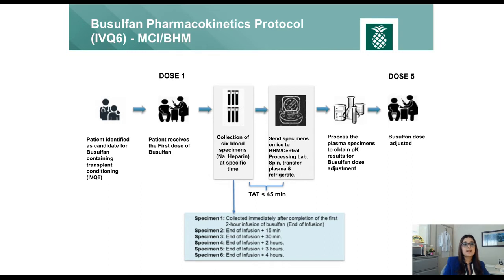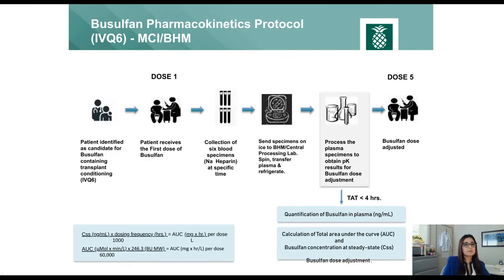The specimens are hand-delivered to central processing in the lab immediately after they are drawn, keeping them on ice at all times. Central processing centrifuges blood specimens as soon as possible, transfers the plasma to plastic tubes, and places them in a refrigerator, with a maximum limit of 45 minutes from the time of collection of every sample.